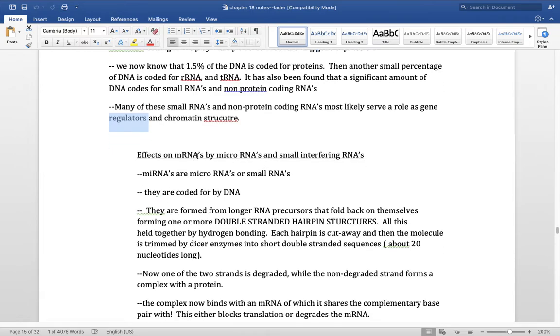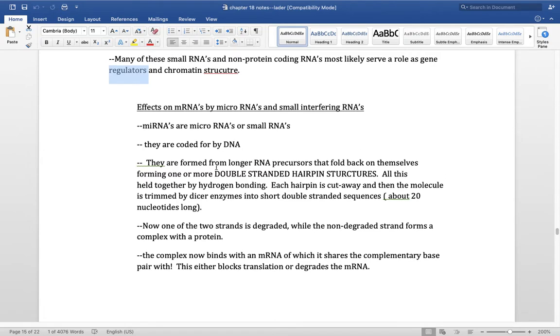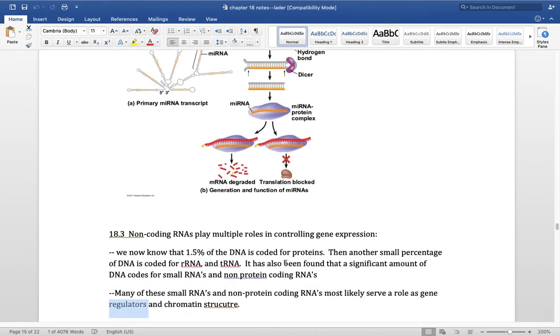Okay, effects on mRNA by microRNAs, miRNA, and small interfering RNA, siRNA. They're formed from longer RNA precursors that fold back on themselves, forming these double-stranded hairpin structures. You can see that right there. And then they break apart into a single strand. A dicer enzyme is going to come and do that.